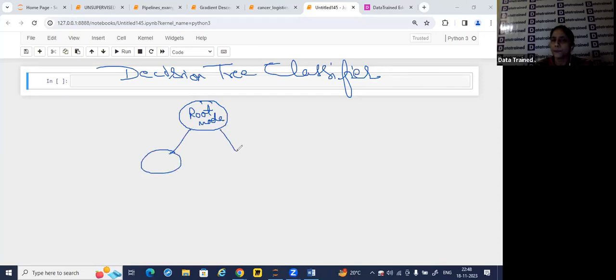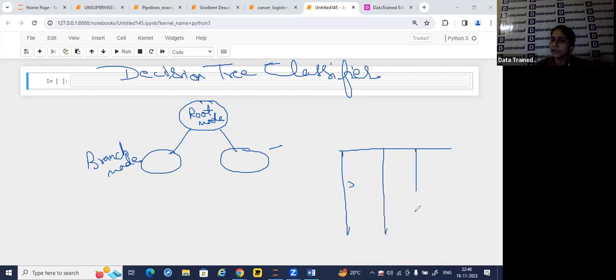We have a data set with column 1, column 2, column 3, column 4.